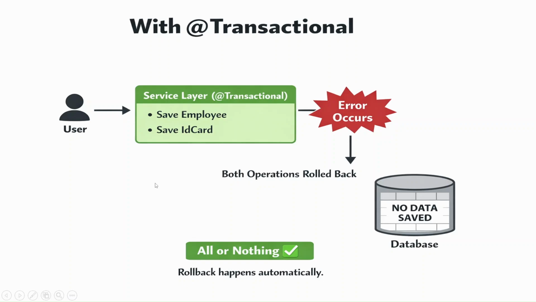Our data will remain consistent, and the user will think, I tried to save my employee and ID card object, but there was an exception, so nothing is saved. Now I need to try once again. But without a transaction, either the employee will get saved or the ID card will get saved.